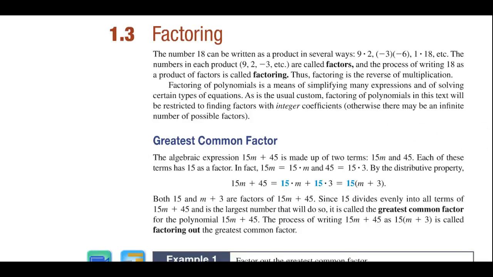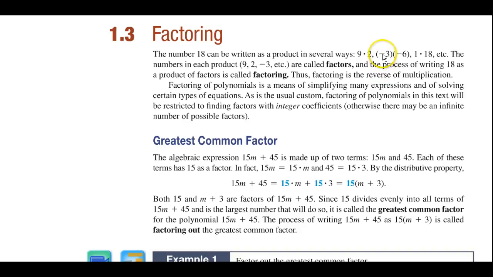Looking at our next topic in Chapter 1, Section 3, we're going to look at factoring. Now, when we see a number like 18, where did that number come from? Well, several ways. We could have multiplied 9 times 2.